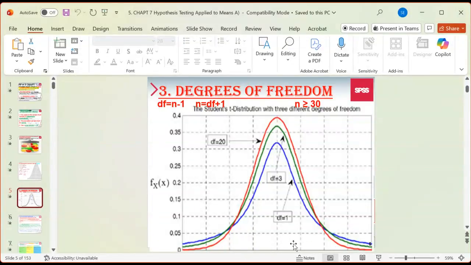How these scores move from low to high, the dispersion of the scores under this curve, is called degrees of freedom. It's related to sample size. So the more, the better.